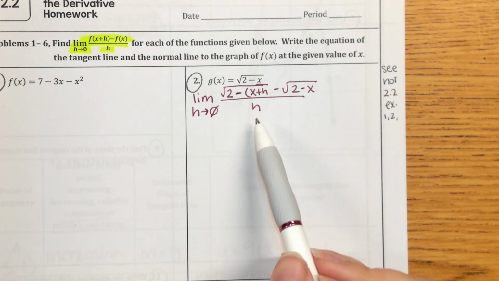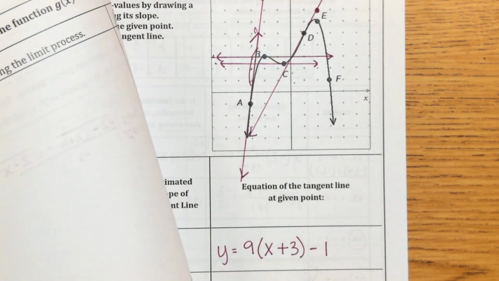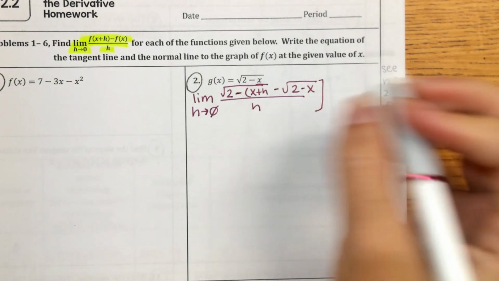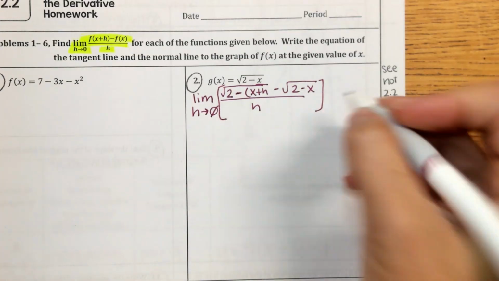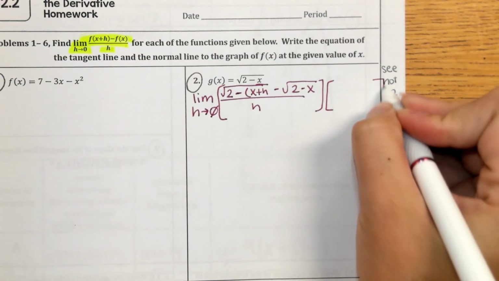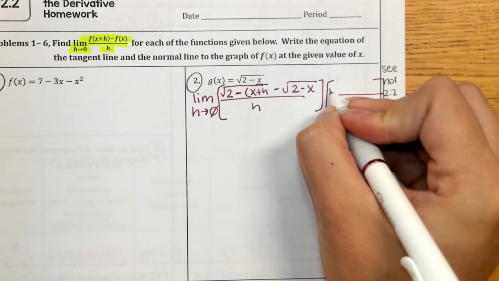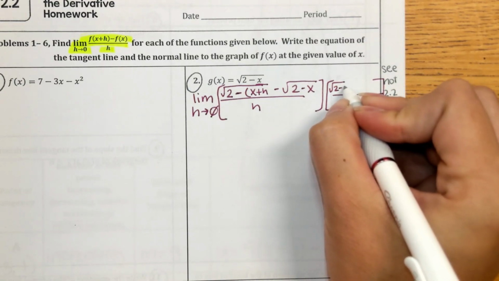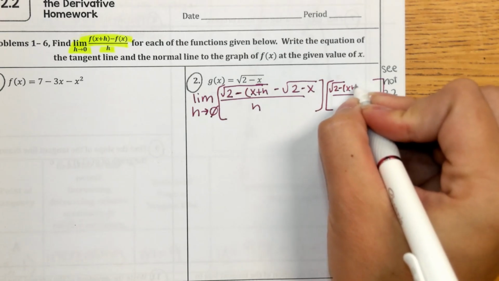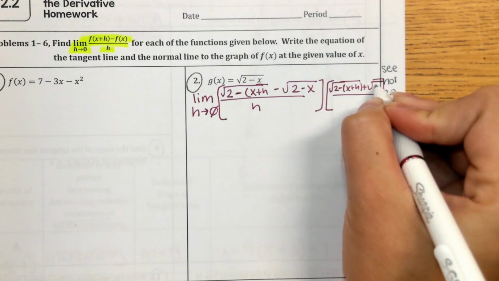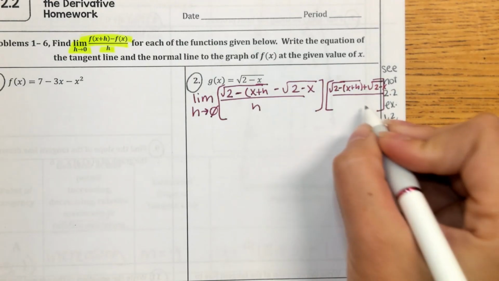Okay, in this example, you're also going to do it on 7, but remember, you need to get rid of these symbols and be able to have something to cancel out and subtract. So we're going to do 2 minus x plus h plus the square root of 2 minus x, which I don't have room to write.